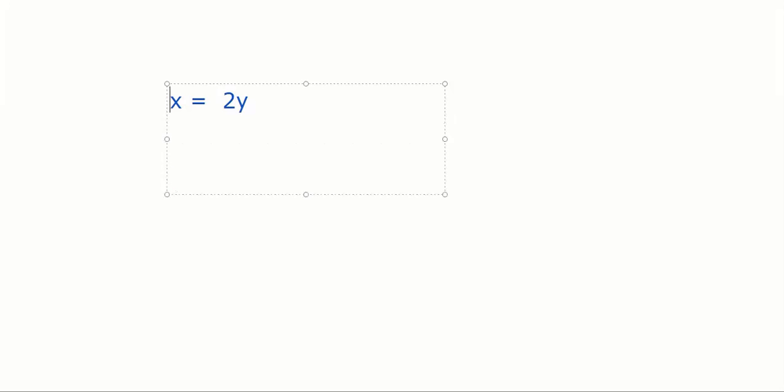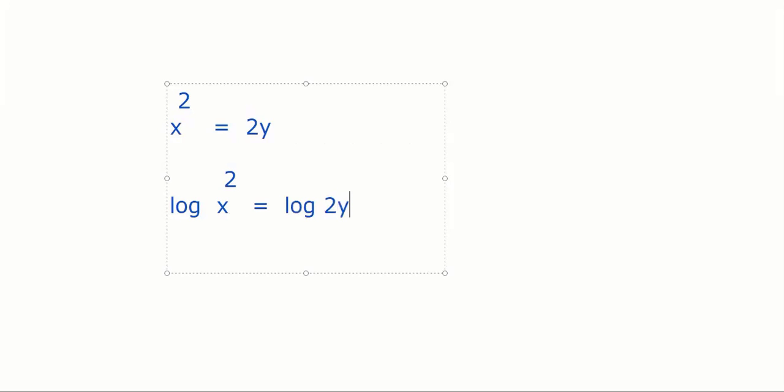or suppose let me give you x square equal to 2y. If I take log both sides, it becomes log of x square equal to log of 2y. Now, the property of log is that for log of x square, this power comes here.